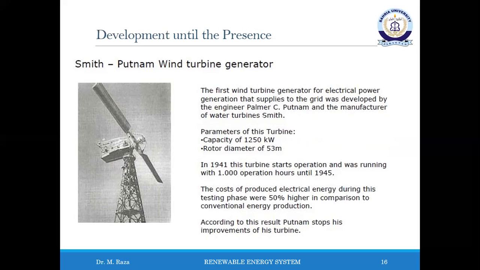In 1941, this turbine started operation and was running for 1000 operation hours until 1945. The cost of produced electrical energy during this testing phase was 50% higher in comparison to conventional energy production. According to this result, Palmer stopped his improvement of this turbine.